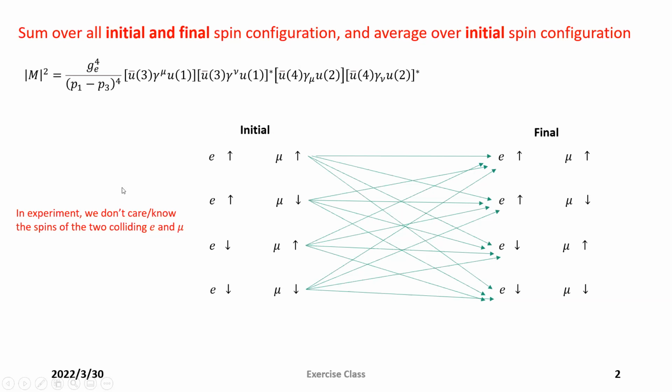And the thing is that we usually don't care or don't know the spins of the 2 colliding electrons and muons. So we actually don't know which initial state we are in. That means each initial spin configuration will have a 1/4 probability.